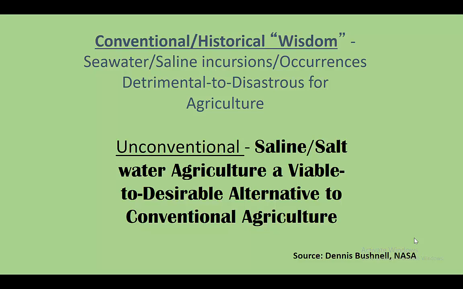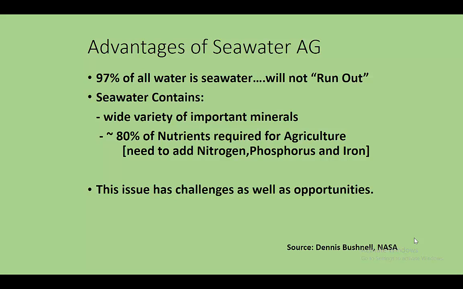He looks at it from the opposite side: we have opportunities here. We might have to change the way we do business. Yes, certainly we have challenges, but we also have some opportunities. If we look at saltwater components, well, first of all, 97% of the water on the Earth has some level of salt in it. So we have to try to utilize that resource as best we can.